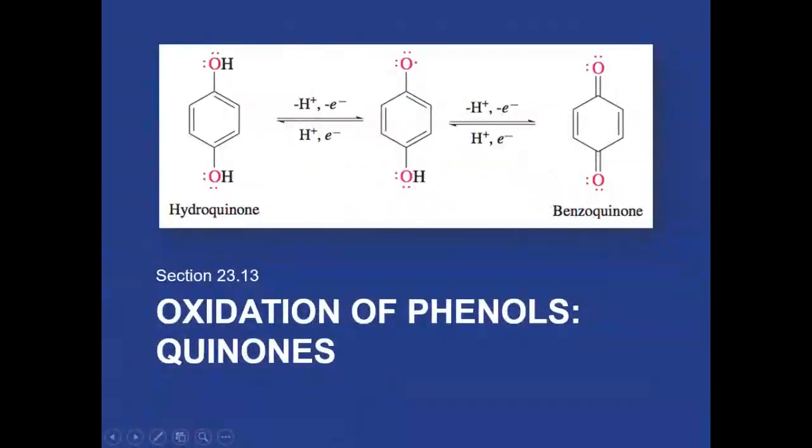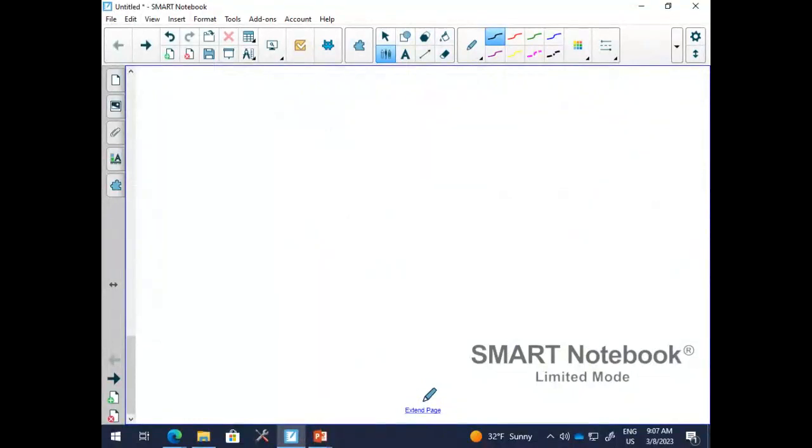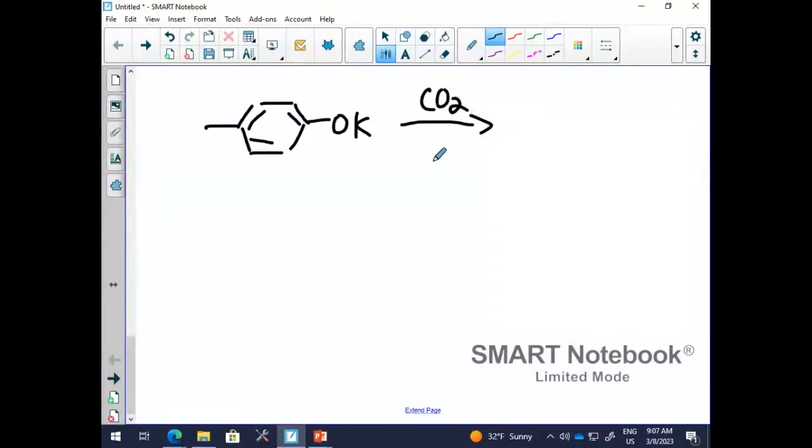Anyway, just to give you one more relevant example. If we have carbon dioxide, say 130, doesn't matter, high pressure. Okay.